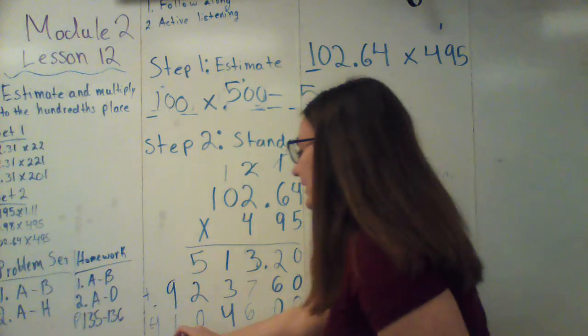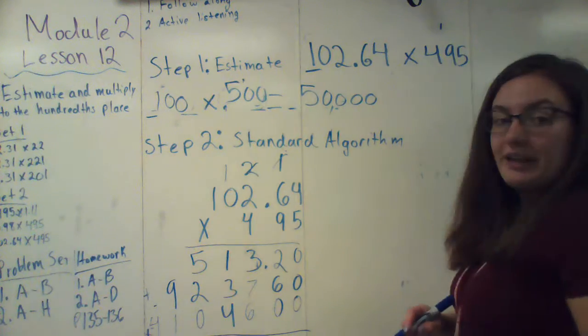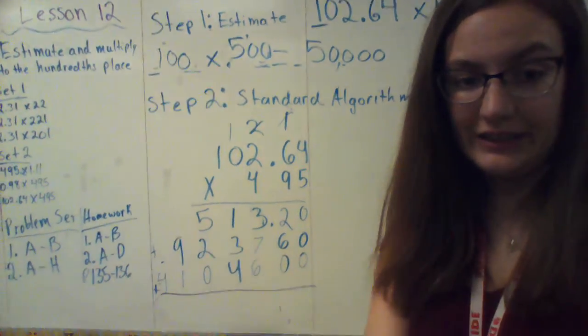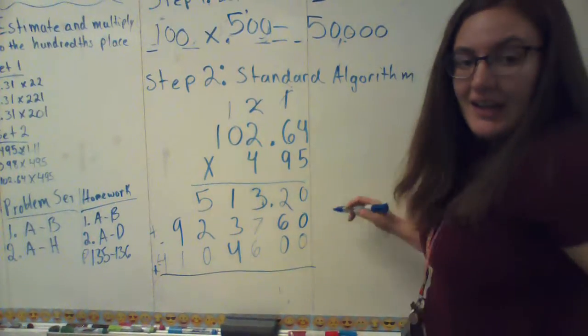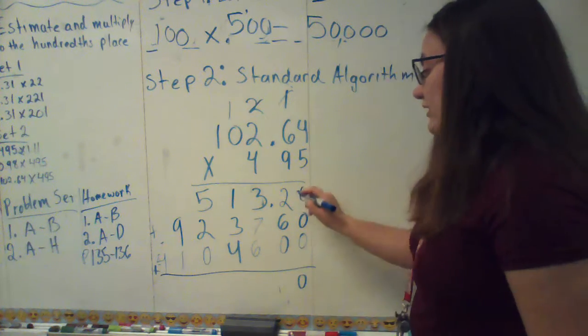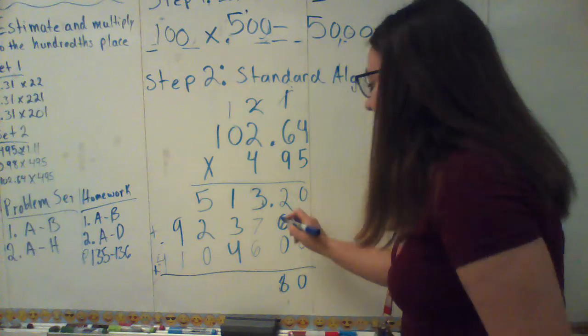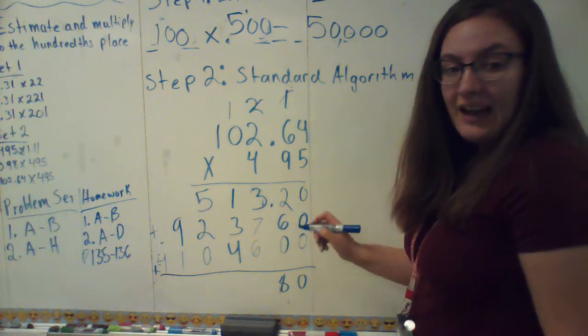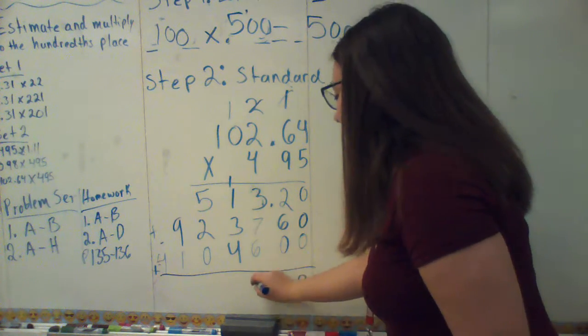Now I need to add up all of my numbers. Let me pull this down so you can see it a little bit better. And we're going to start adding. So 0 plus 0 plus 0 is 0. 2 plus 6 is 8. 3 plus 7 is 10. 10 plus 6 is 16.